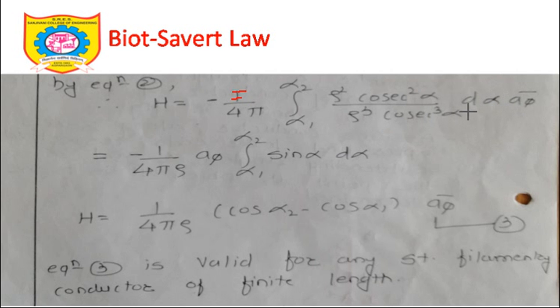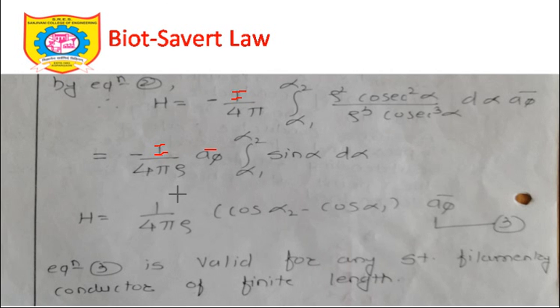To solve this integration, let's first make certain simplifications. So rho square upon rho cube, it comes out to be minus I upon 4 pi rho a phi bar, integration from alpha 1 to alpha 2 of sin alpha d alpha.